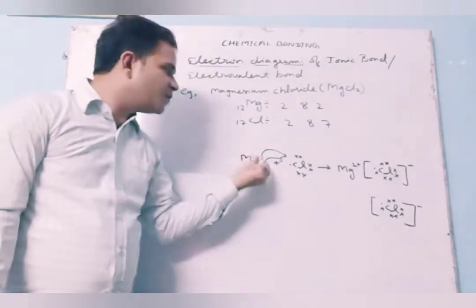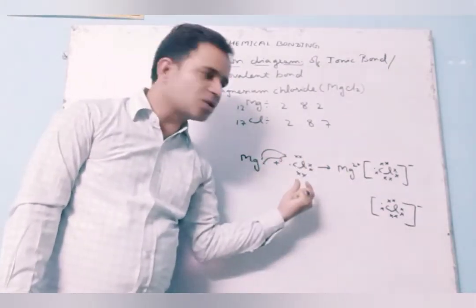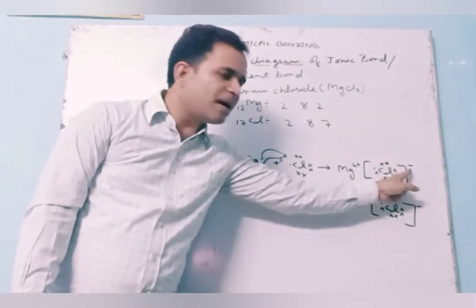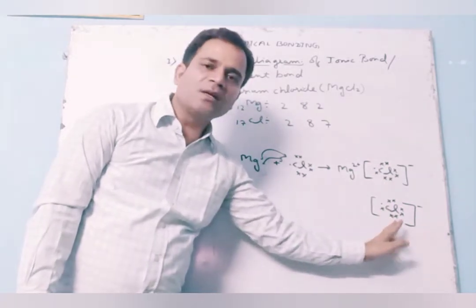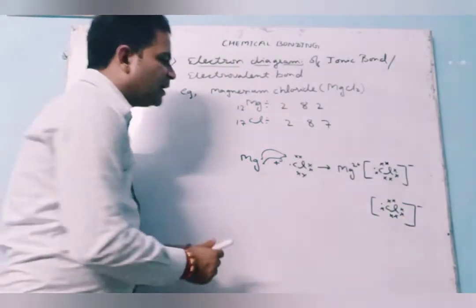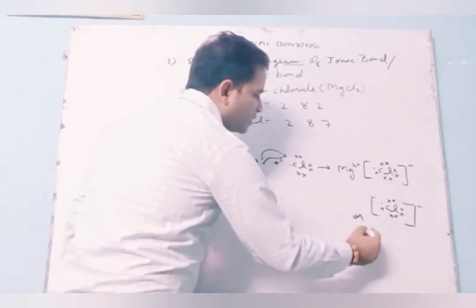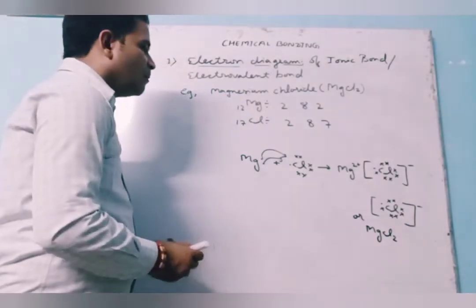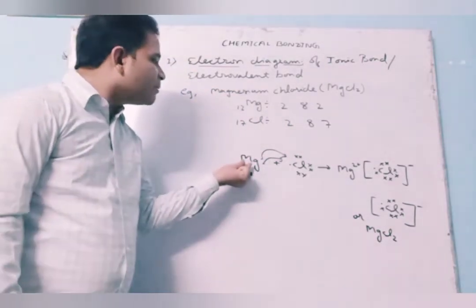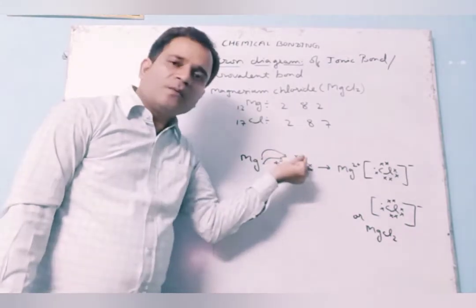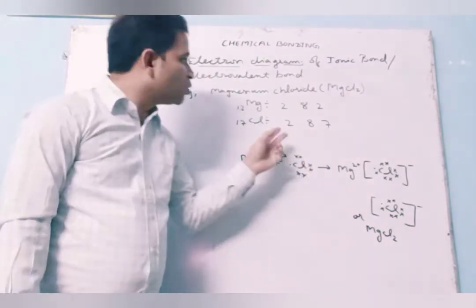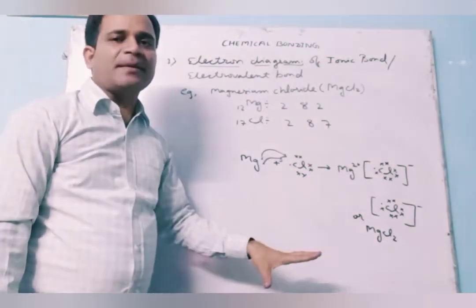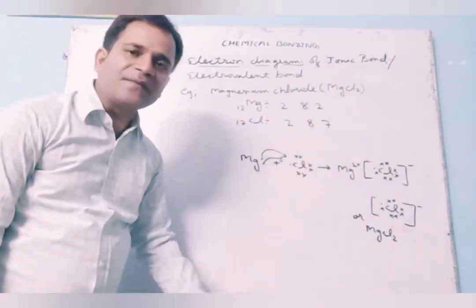So by losing 2 electrons and gaining 2 electrons, it represents magnesium 2 plus charge and minus 1 on each chlorine. So in another way you also write MgCl2, because one atom of magnesium loses 2 valence electrons to 2 atoms of chlorine, so that they become stable and fulfill the inert gas electronic configuration.